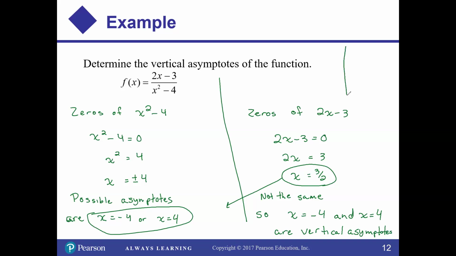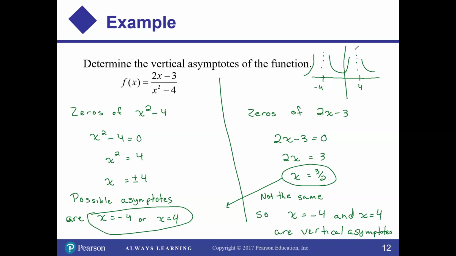This means if we were to graph this, we should be finding that we would have these asymptotes, points we don't cross.